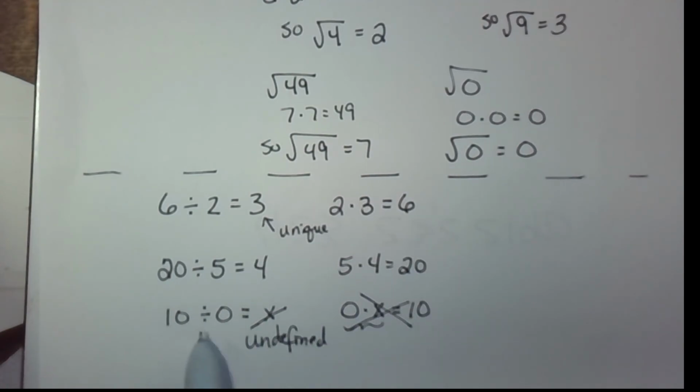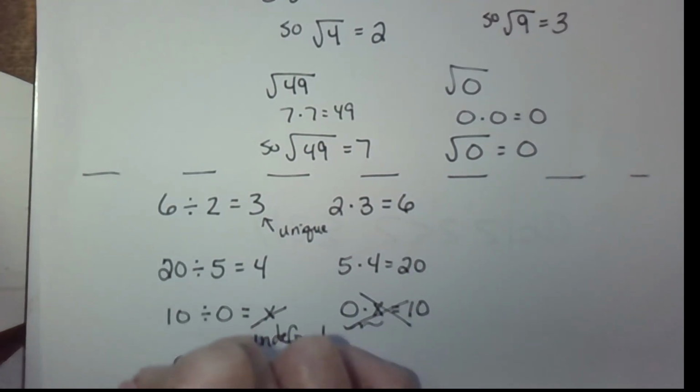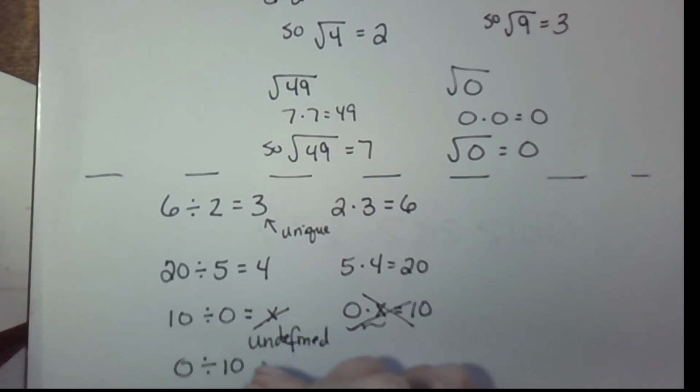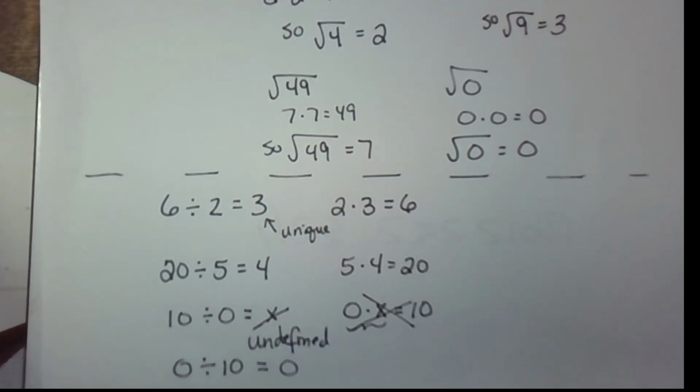Now, you could have 0 in front. You can say 0 divided by, say, 10. 0 divided by anything is 0. If I have nothing and I cut it into 10 pieces, it's still nothing. So 0 cut up into pieces is still 0, whereas 10 divided by 0 is undefined. So just know that difference.